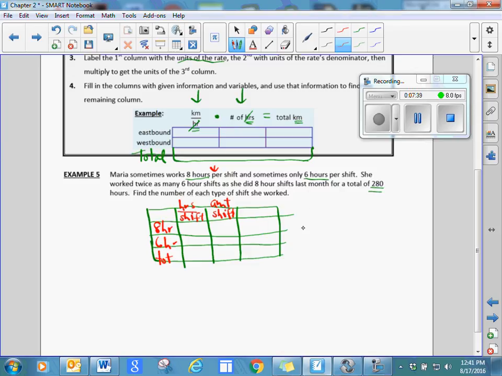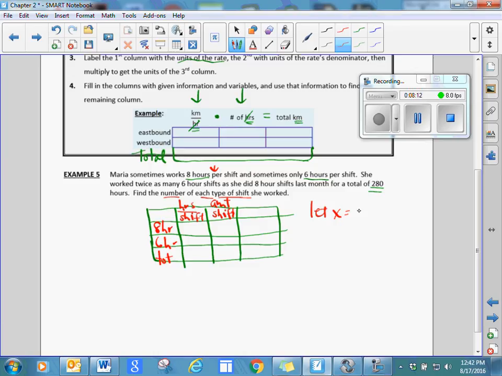We need a variable because we're going to have to write an equation. There's something we don't know in here, and that's what we're going to be looking for. We need to know the number of each type of shift that she works. How many did she work? So I generally will write a let statement, and I will let x equal, almost always, the smaller number. It tells us that she worked twice as many 6-hour shifts as she did 8-hour shifts.